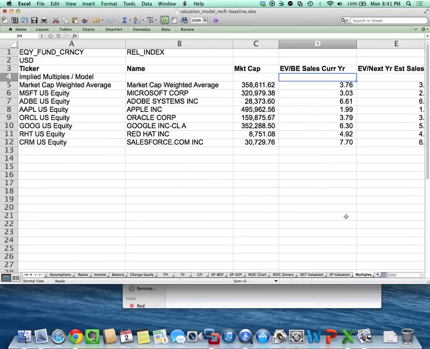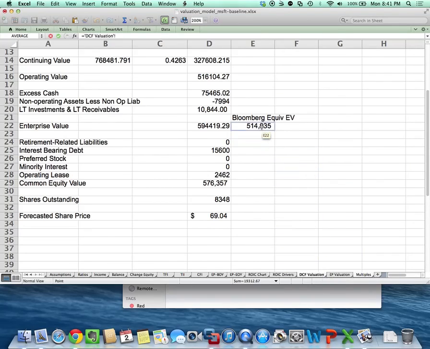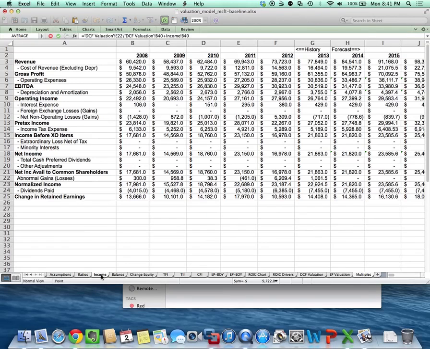So what I'm going to do here in the multiples is take my enterprise value, which is my Bloomberg equivalent enterprise value, and divide by, from my income tab, 2014 sales 1. Got an extra mouse click in there.